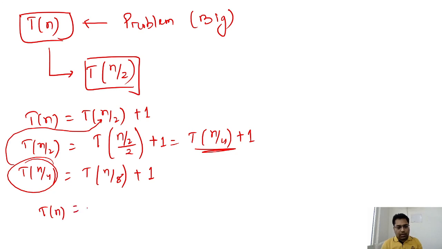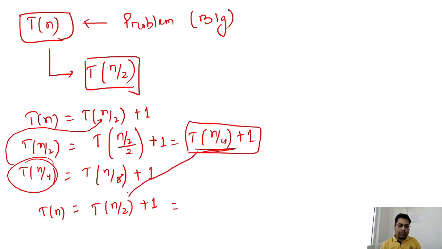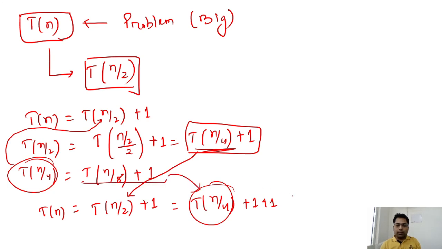Then, when you combine it, T of n by 2 plus 1 is the value first. Next, T of n by 2, this value is inserted here. Then T of n by 4 plus 1, then plus 1 as it is. The total value you can expect is T of n by 8 plus 1 plus 1 plus 1.